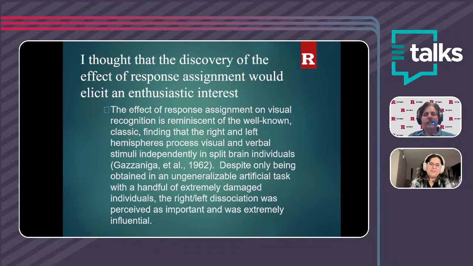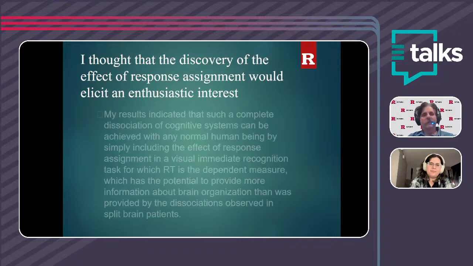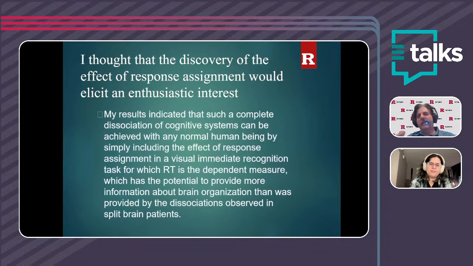Now, in fact, while that had very limited applications, what I had was a methodology that you could do with anyone, not just a handful of individuals in the world who are damaged, and I could show two completely different parts of the brain could be isolated, and you could see what one part of the brain did, and what the other part of the brain did.